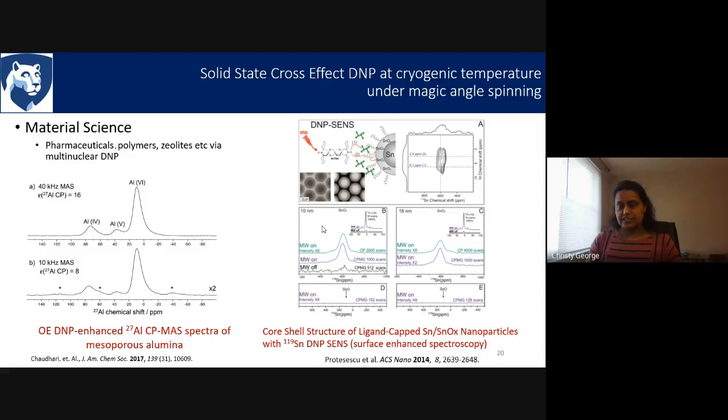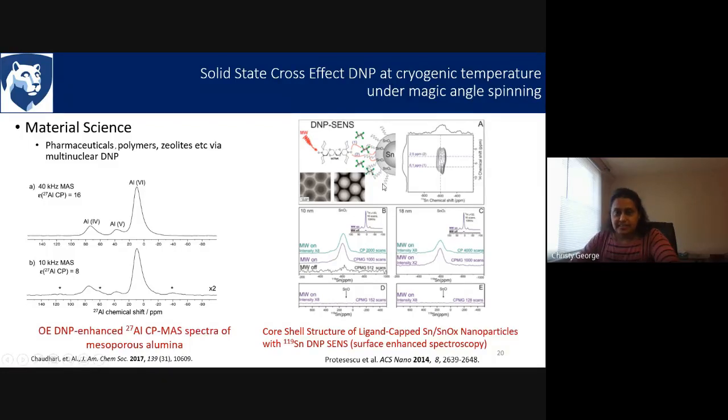One was SnO, the other was SnO2. But they were not able to specifically say how this nanoparticle is constituted, like whether the SnO and SnO2 are mixed up, or whether they form different shells or not. Now they have used DNP to find out this structure.